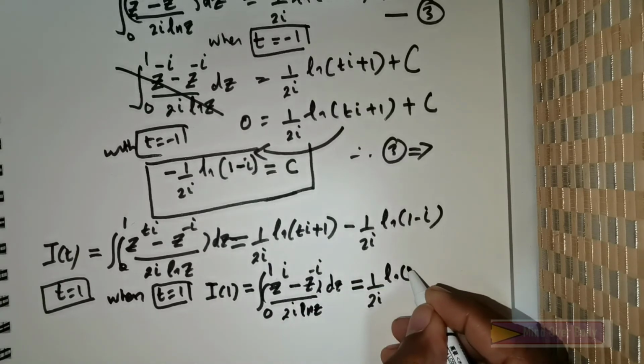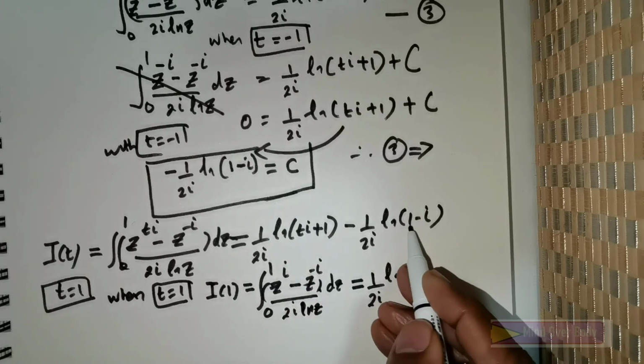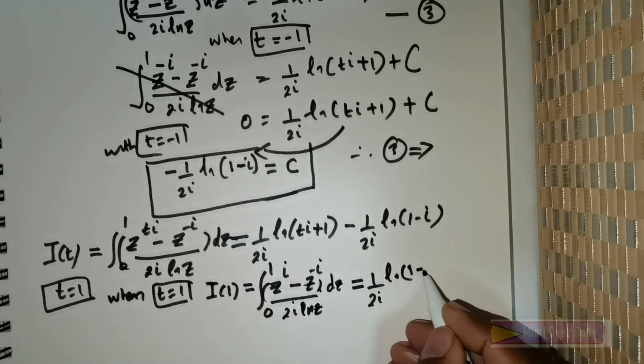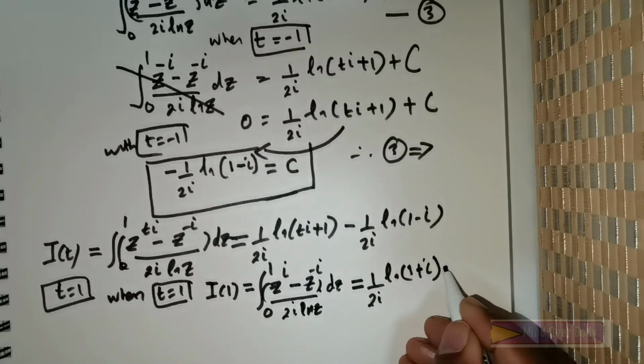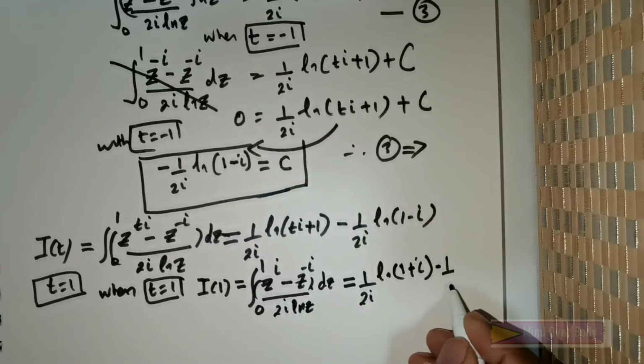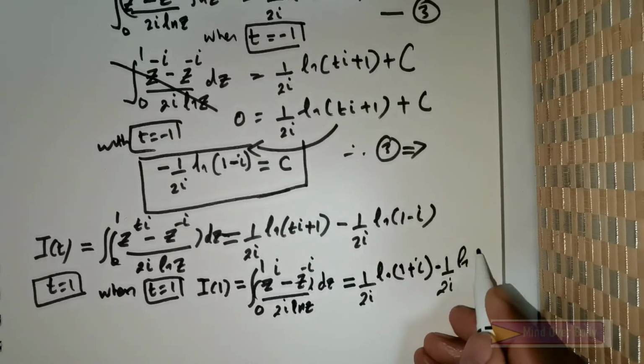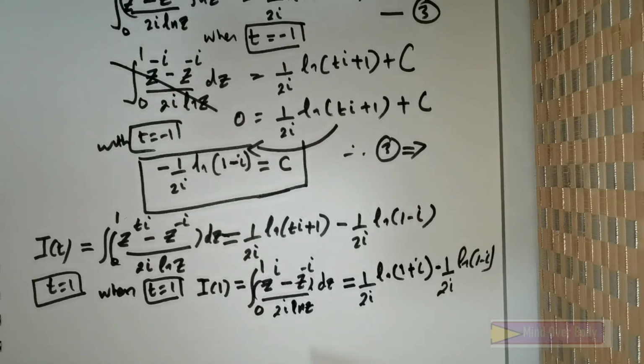So this will become (i + 1), but this is (1 minus i). So I'm going to write it as 1 over 2i ln of (1 + i) minus 1 over 2i ln of (1 minus i).